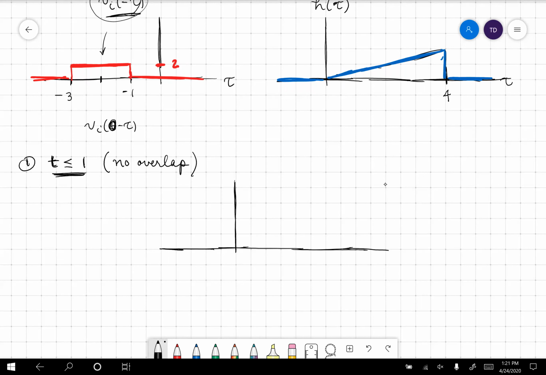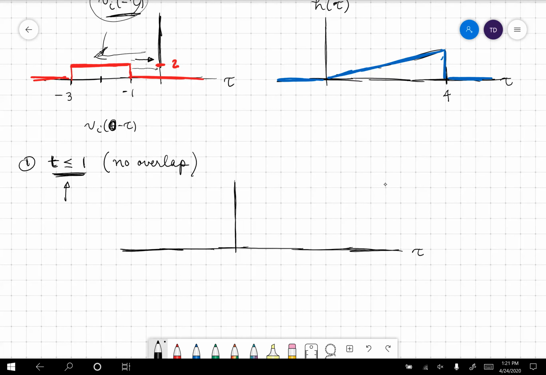So I'm going to draw a typical picture in this region. Each of these pictures we're drawing is a typical picture of each region. So what does that typical picture look like? Well, if t is less than or equal to 1, this guy has not reached the axis yet. When t is equal to 1, it will slide all the way over and reach the axis. If t is less than or equal to 1, it's somewhere over here.